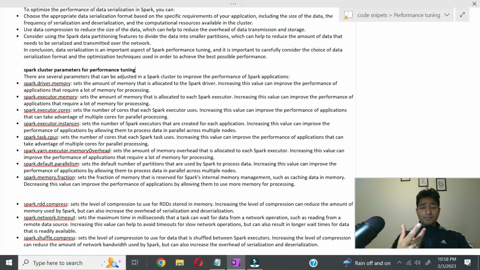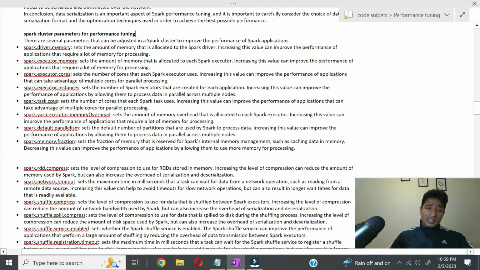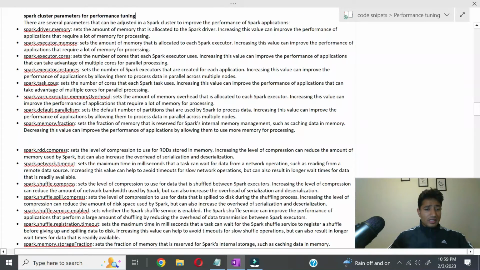So increasing this can improve performance by allowing them to process data in parallel across multiple nodes. Spark task CPUs is the number of cores that each Spark task uses. Spark default parallelism will set the number of partitions used by Spark to process data.